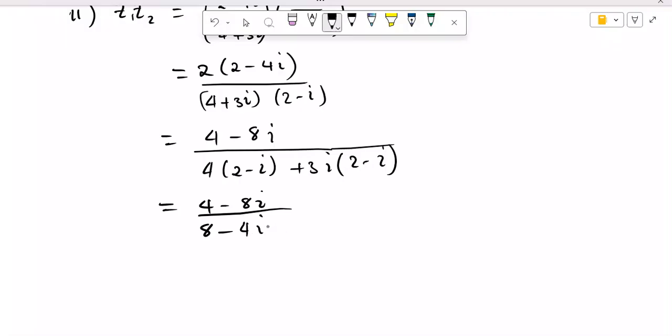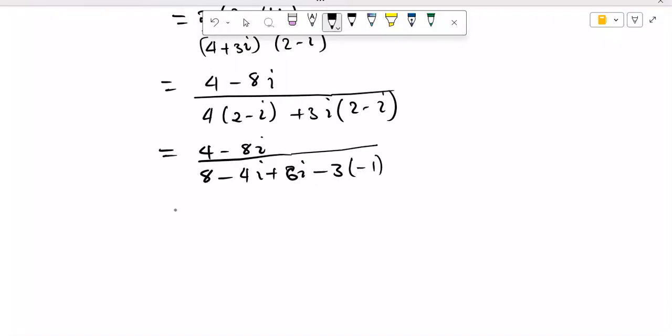Okay, 3i by 2 you have plus 6i. 3i positive by negative i, you have negative 3i squared, so you have just 3 because the coefficient of i is 1. Okay, i by i, negative 1. This is the denominator.